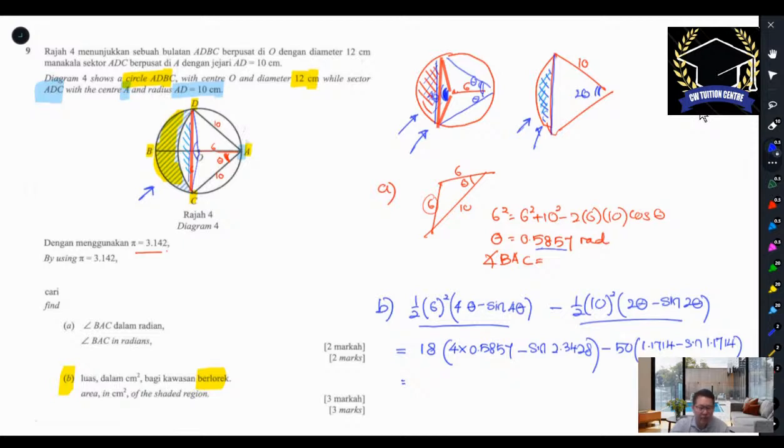Minus 50 times 1.1714 minus sine 1.1714. Close bracket. Answer should be 16.77. Okay, 4 significant figure or 3 decimal places. Okay. Unit is cm square.